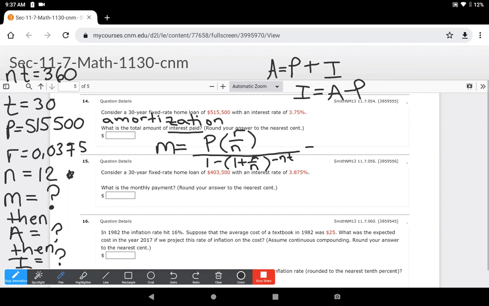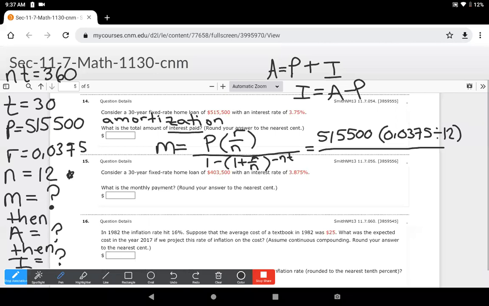Okay, so P, 51550 times R divided by 12 all over 1 minus 1 plus rate divided by 12 raised to the negative 360. That's going to be how much we pay per month, right?